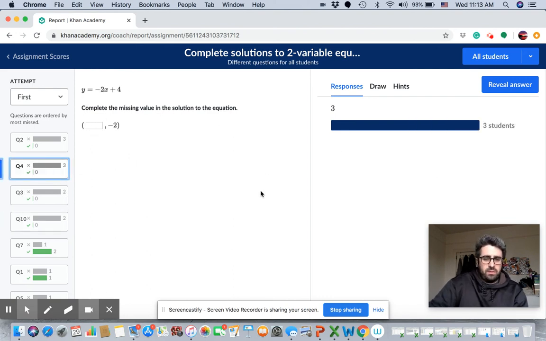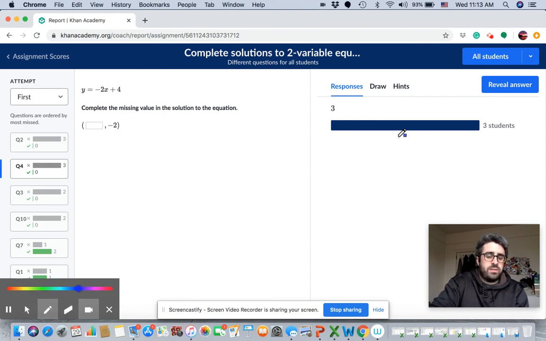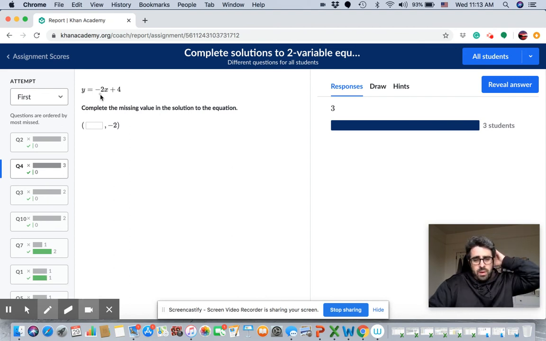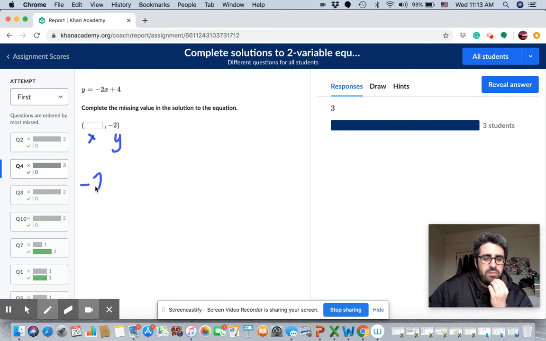This one is fairly straightforward. So this one, the equation's a little more manageable, which is nice. So they said y is equal to negative 2x plus 4, and for the coordinate pair, they gave you the y value. So wherever I see a y, I input negative 2. So we have negative 2 equals negative 2x plus 4.